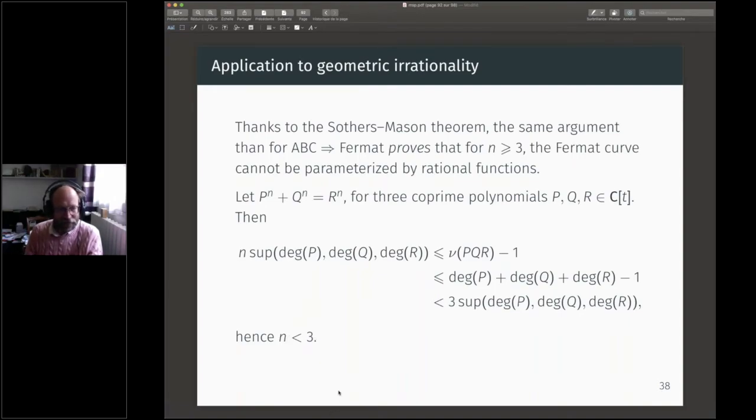And here there is no exception, and no finite number to test.